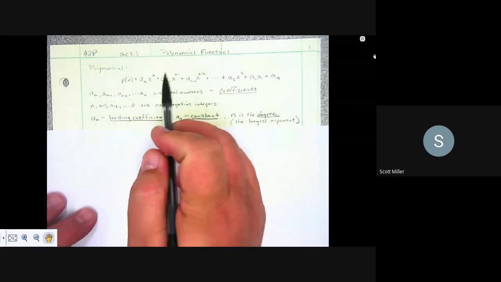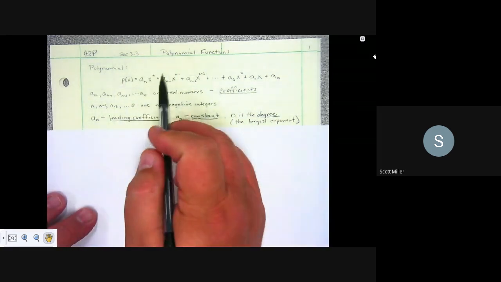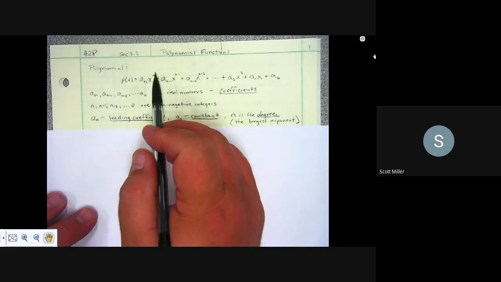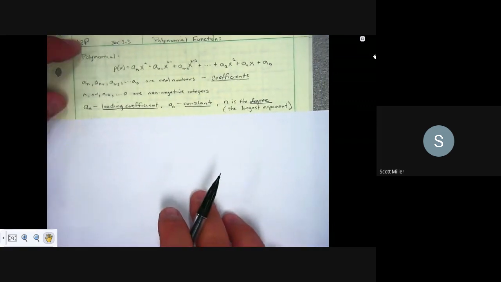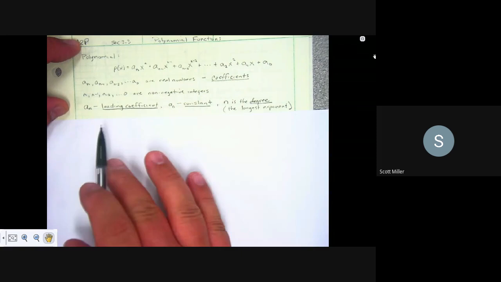You had cubics where the highest exponent was a 3, and so forth and so on. So after a certain value, they just call it by the highest exponent. So polynomials of degree 5, polynomials of degree 6. These are all little groupings of those types of polynomials. We want to learn this terminology because this is how they describe different processes later on.